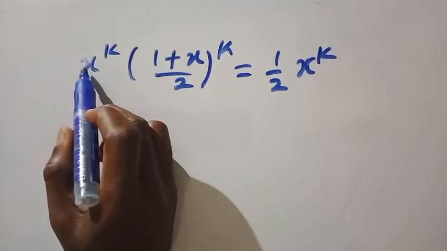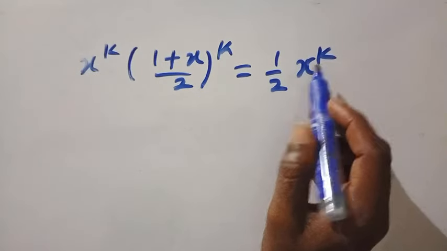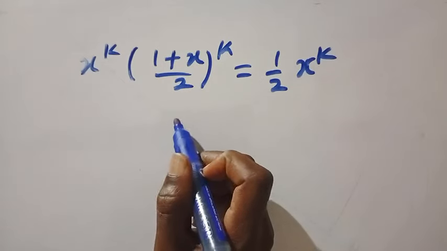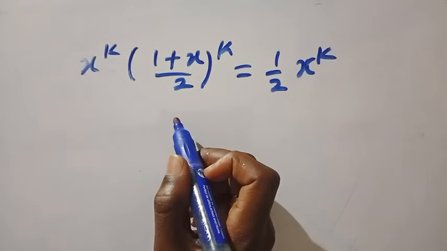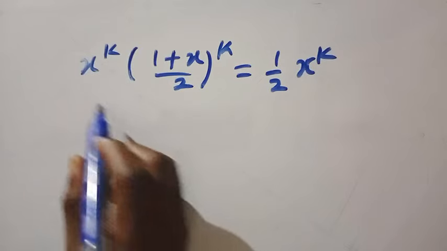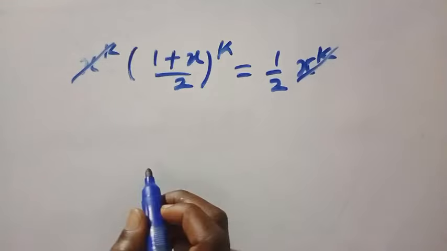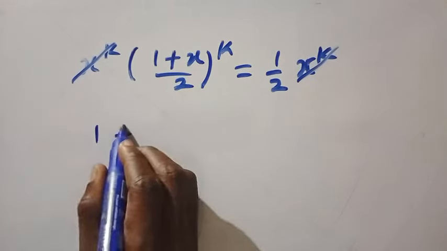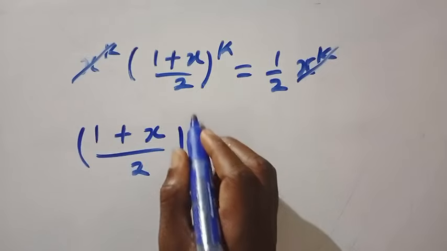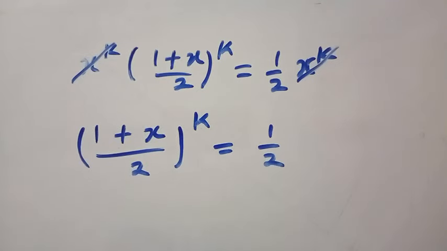If I cancel x to the power k on both sides, provided that k is not equal to 0, so that x is not equal to 0, we have 1 plus x over 2 raised to the power k equals 1 divided by 2.